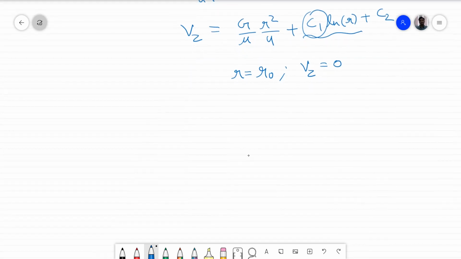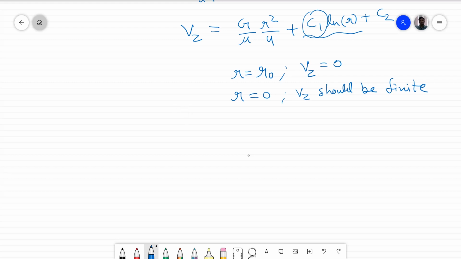So the other condition that we have used is that at r equal to 0, or as r approaches 0, Vz should be finite. This is the condition we have used, which gives us C1 equal to 0.